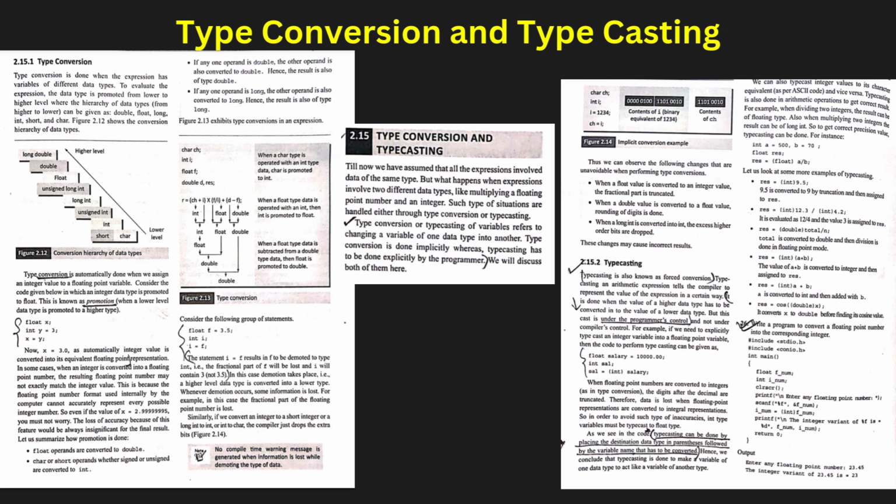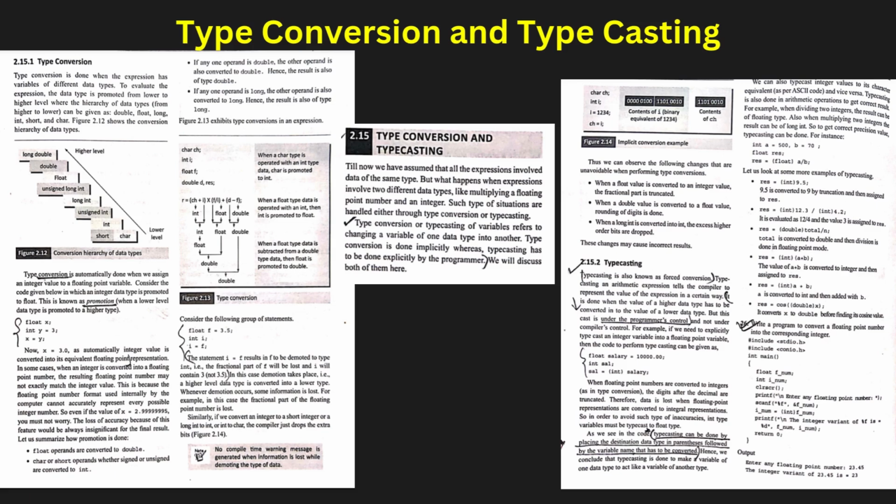So now, type conversion and typecasting. Programming languages handle data of different types such as integer, floating point numbers, character. Type conversion occurs when a value is automatically changed from one data type to another, like converting into float in a division operation. This is called implicit conversion. Automatically, compilers can convert our values.